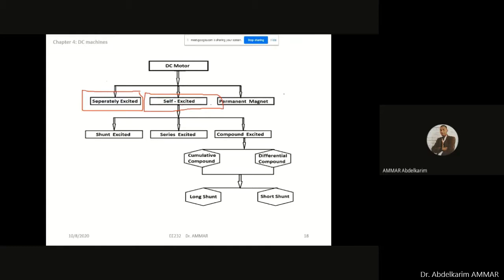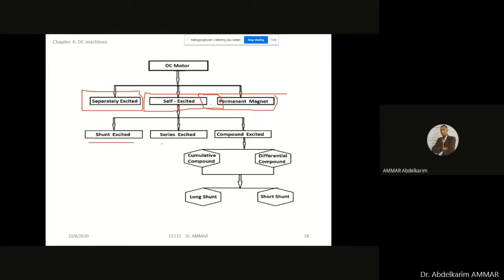And we have the permanent magnet, which is the case when we replace the field with a permanent magnet. The self-excited machine has different types. We have shunt excited, which means the armature and the field are connected in parallel.